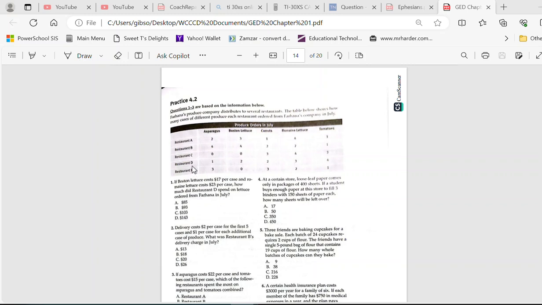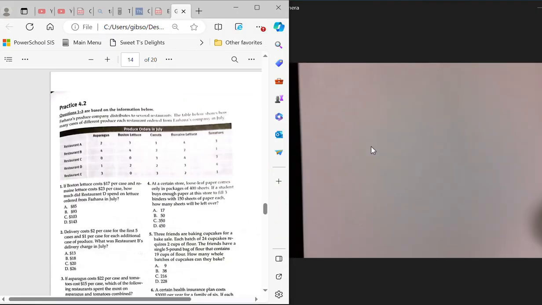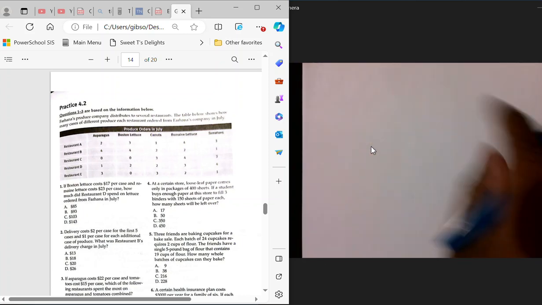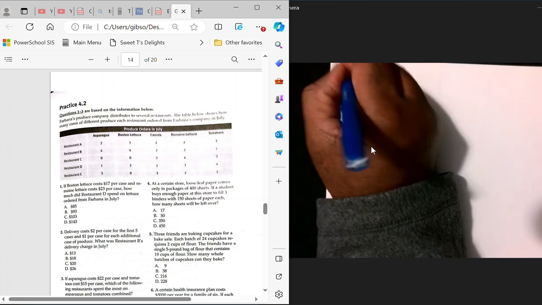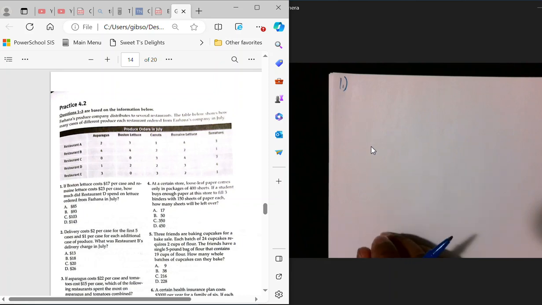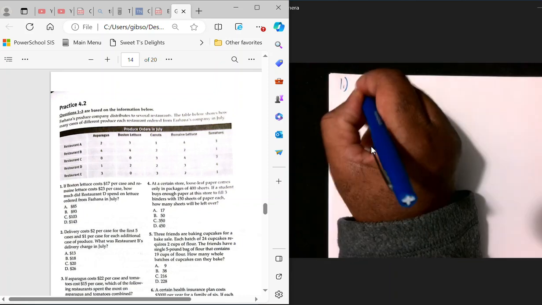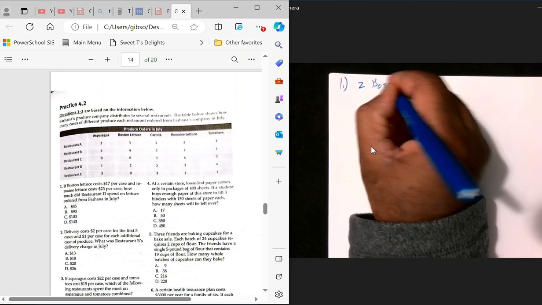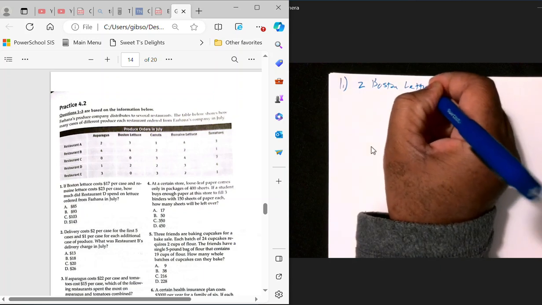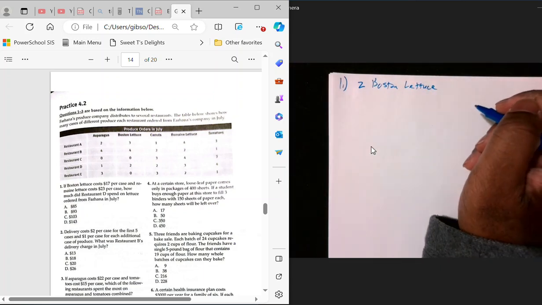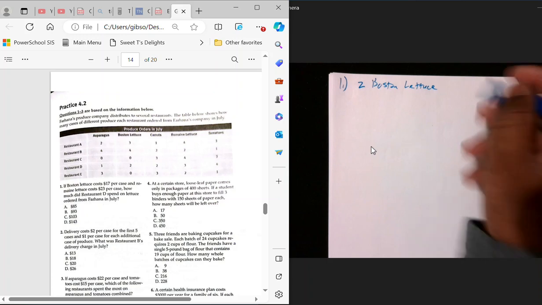So we want to look at restaurant D, and we want to look at their Boston lettuce and their romaine lettuce. So for number 1, for restaurant D, we have 2 cases of Boston lettuce, and we have 3 cases of romaine lettuce.